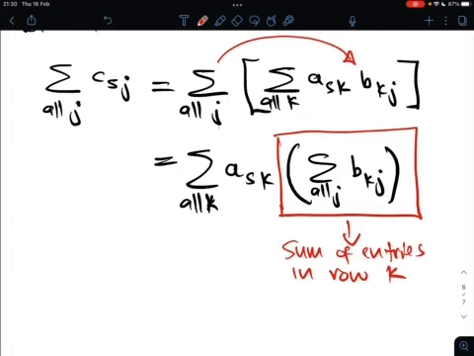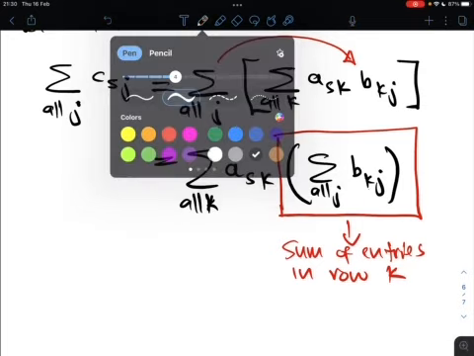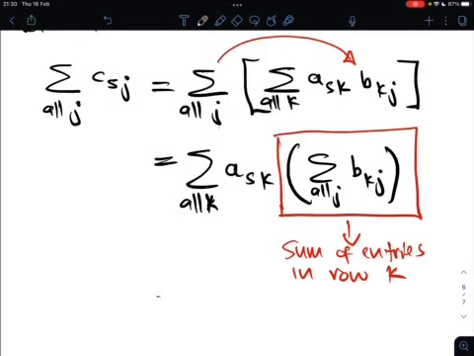But if you remember very well, the matrix B itself is Markov. You see that? Since this matrix B is Markov, this sigma notation must evaluate to 1 because it's summing things along a row. Since we're summing things along a row, we expect that thing to be 1, which means we'll get sigma over all k of A_sk. You see?